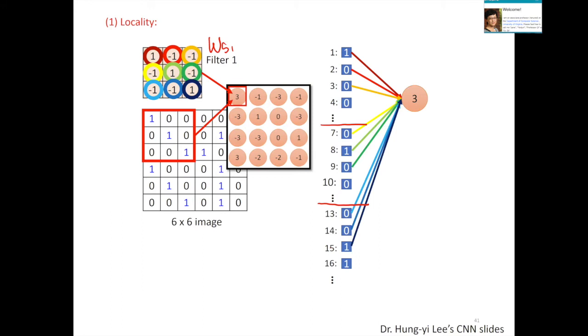So it only connects to these 9 points if we treat this through the multilayer perceptron type of thinking. You can think of it as connecting to 9 pixels, or 9 features, out of the 36. 9 out of 36.